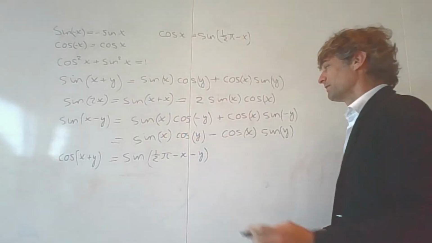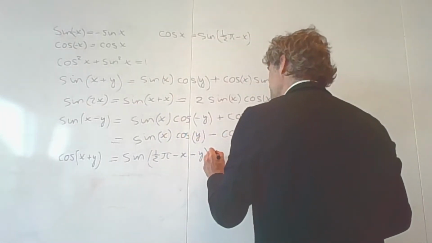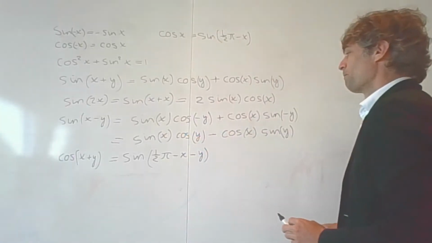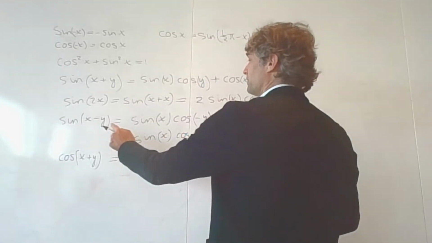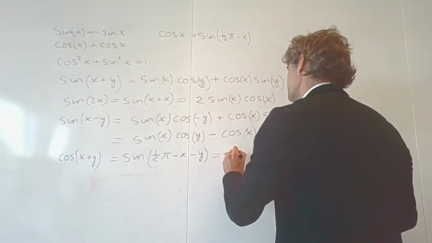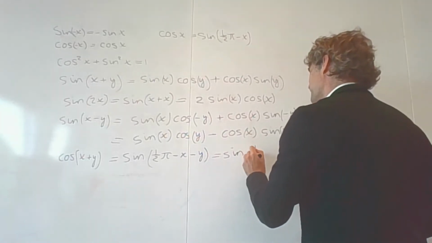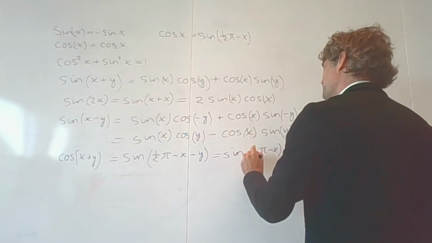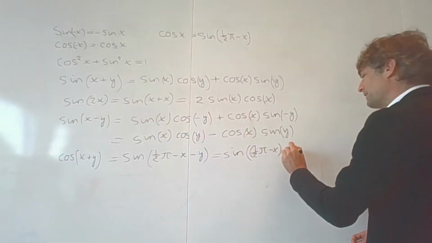All right, there we go. We could cut it in two. We could say this is the sine of half pi minus x, that's one term, minus y.